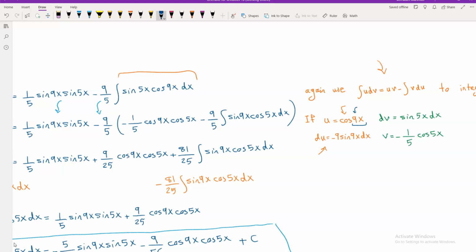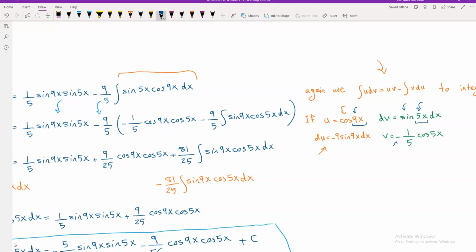So v is equal to, use that number, which is 5. So 1/5, use the reciprocal of that, 1/5 times, when we have sine, we're going to have negative. So negative, and then multiply by cosine and rewrite what we have after sine. So we're going to have negative 1/5 times cosine 5x.